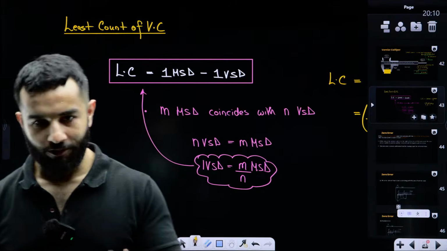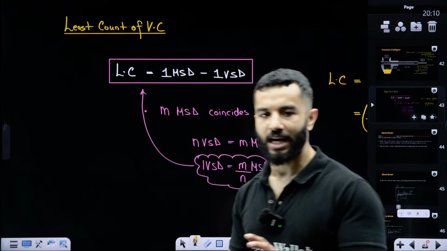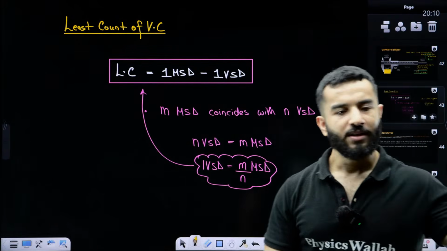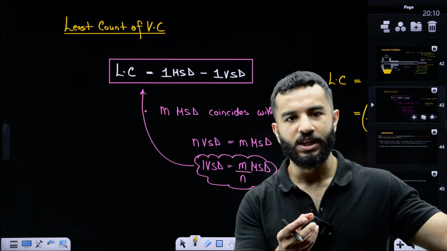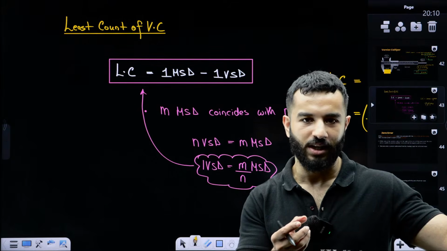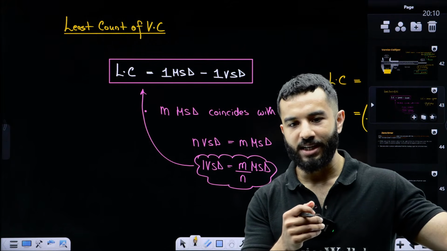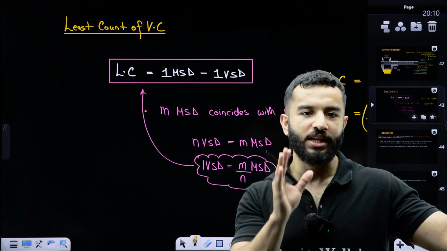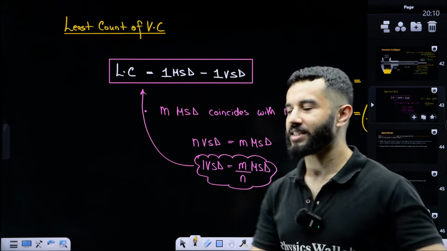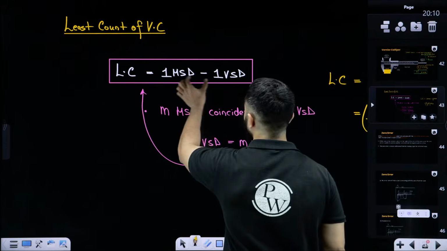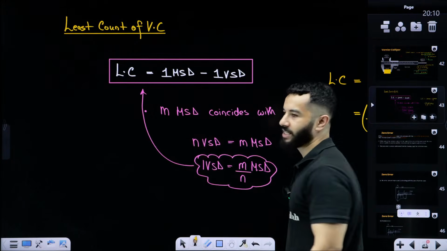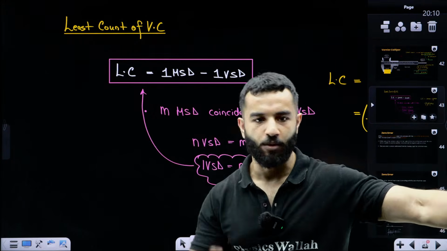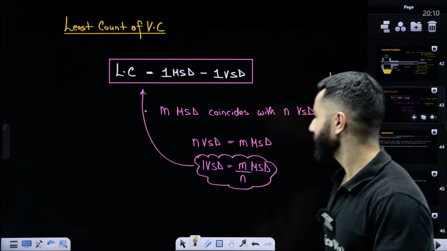Although if you have ever seen a vernier caliper in your school lab, then you can understand that when you close the jaws of the vernier caliper, we rely only on the vernier scale, and then we are saying what is 1 main scale division minus 1 vernier scale division. This is the least measurement that we can take from a particular instrument. Correct? Clear?